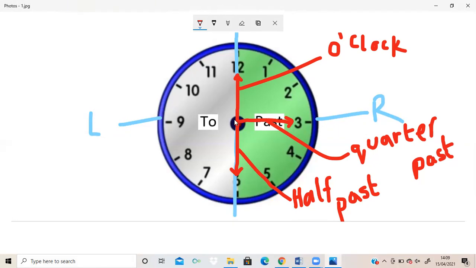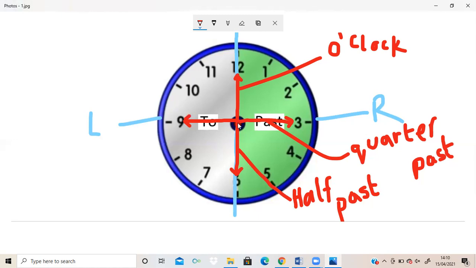That means the minute hand is pointing at 9, and you can see in the picture before that it is on the left side. If the minute hand is on the left side, then the time is always to. And if the minute hand is on the right side, the time is always past.